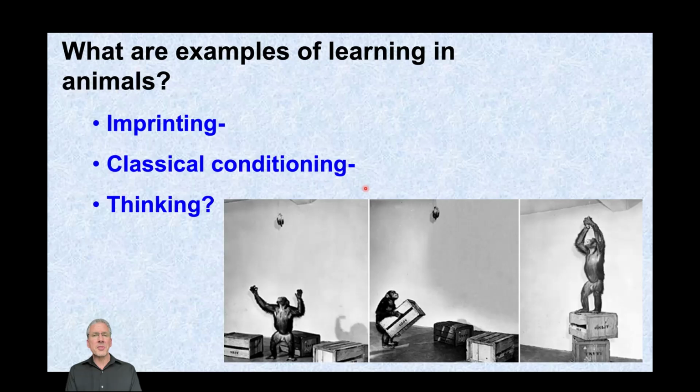Can they solve problems? There are actually lots of good examples of animals thinking. This is just one example. You see a chimp here. We've got some fruit suspended from the ceiling. The chimp can't reach the fruit, but he figures out pretty easily that if he stacks these crates up, then he can reach the fruit and solve his problem. So there are lots of other examples of animals that are capable of fairly complex thinking skills.